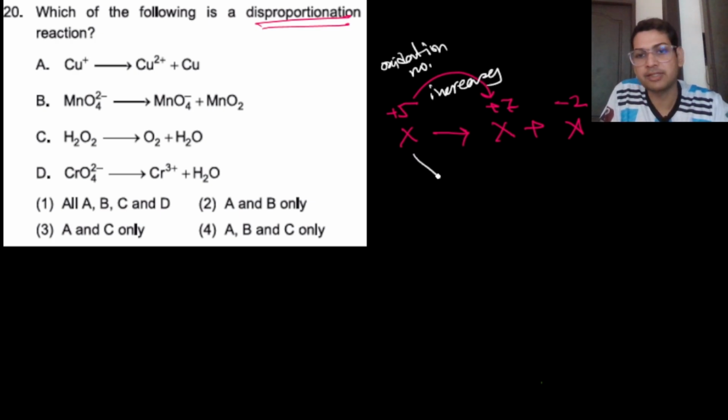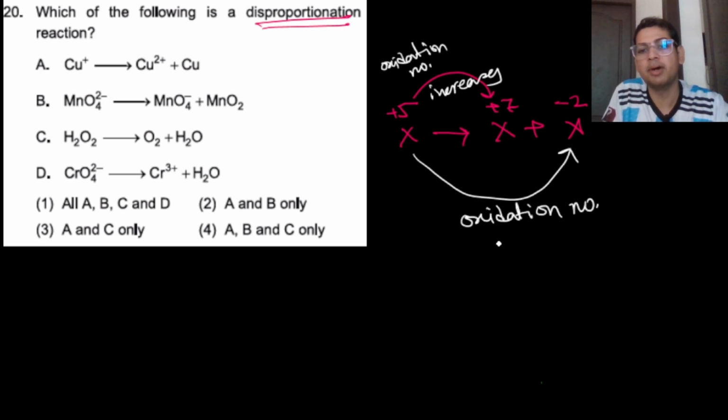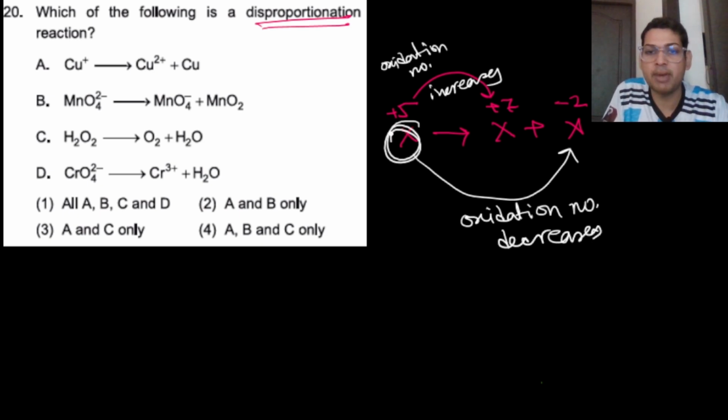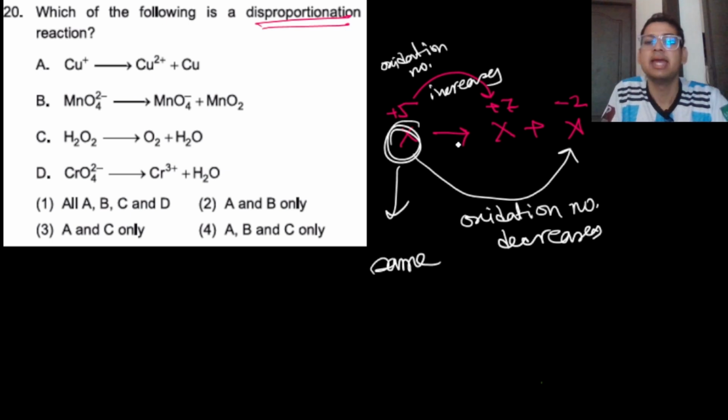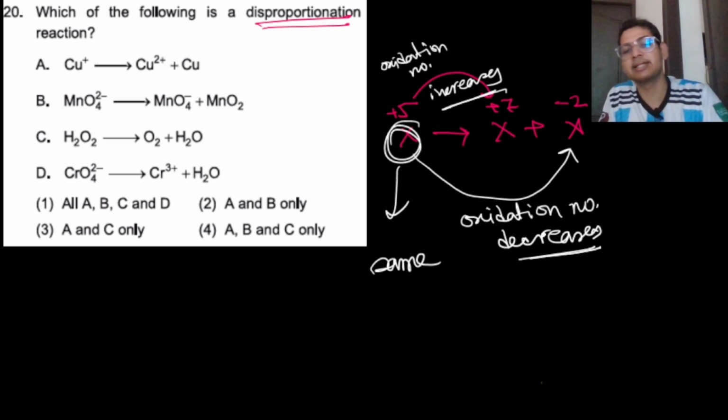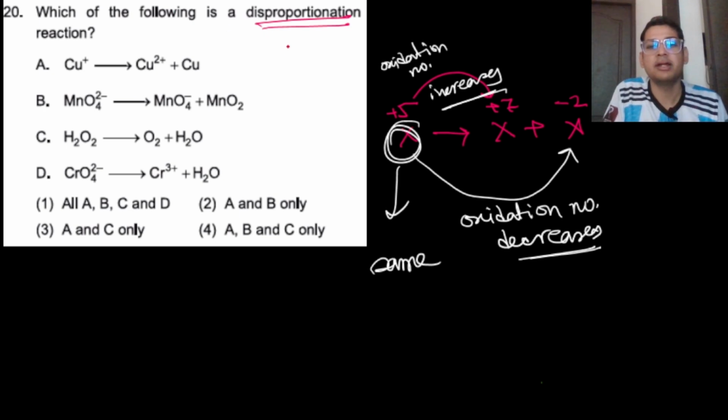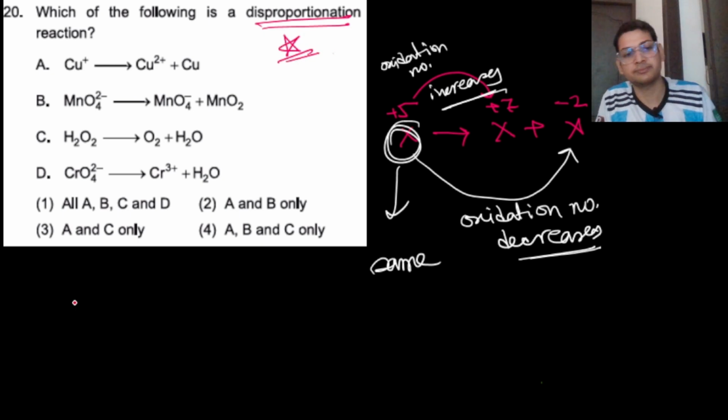But when from +5 to -2 it is going, I can say oxidation number decreases. So for the same atom, please listen carefully, or we can say for the same species, if oxidation number increasing and oxidation number decreasing is happening simultaneously in the same reaction for the same element, that is called disproportionation reaction.